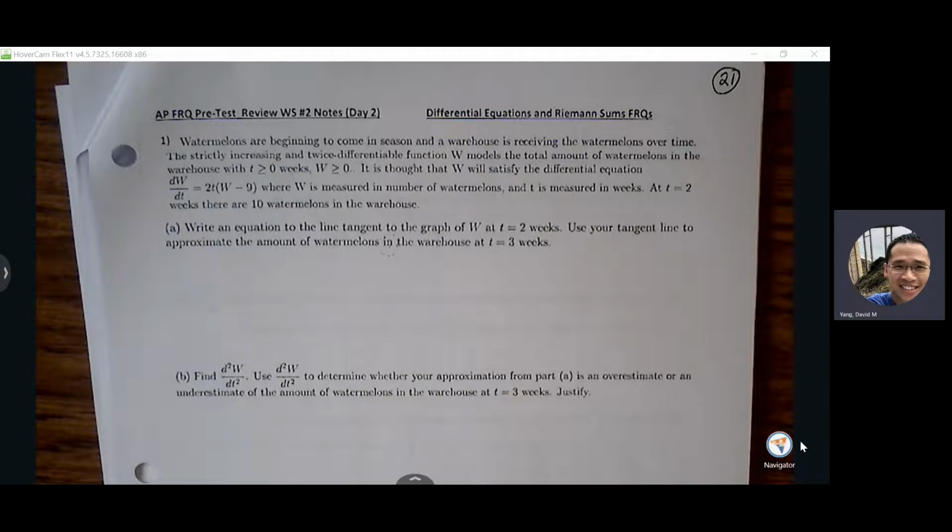Once you get your tangent line equation, you use that to do your linear approximation, which is entering 3 for t in your linear equation. Okay, try that. Try number 1, part A. See if you can work through those steps, and I'll go through part A with you.